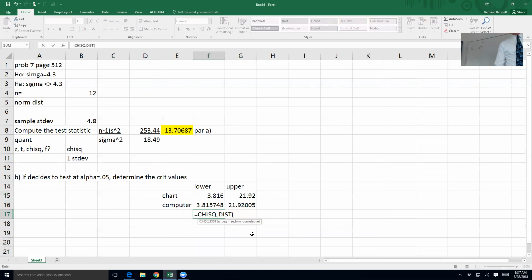Now, if I go chi-square inverse, this one's a little more obvious because it asks you for a probability. They are actually inverse functions of each other. If it's asking for a probability, that's got to be a number between 0 and 1. You put in a percentage probability of something happening, 2.5%, 5%, whatever. It's going to give you the chi-square score, a number greater than 1.